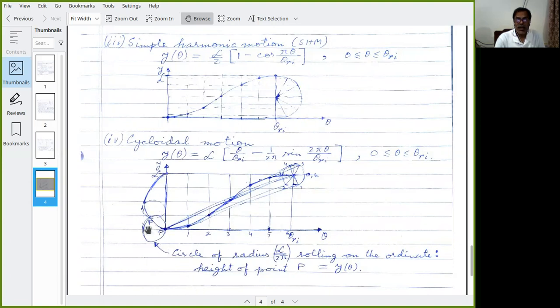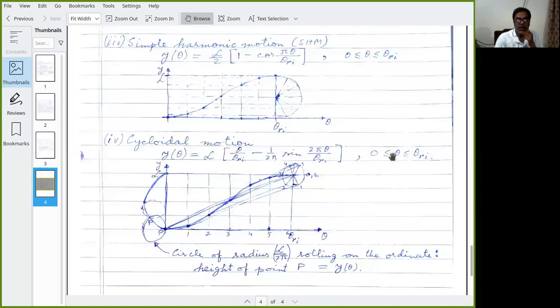So this circle rolling on the vertical line would give you the height of point P, which is y. And since it is rolling, there is a translation and a rotation. The translation part is just this, and the rotation part is this.